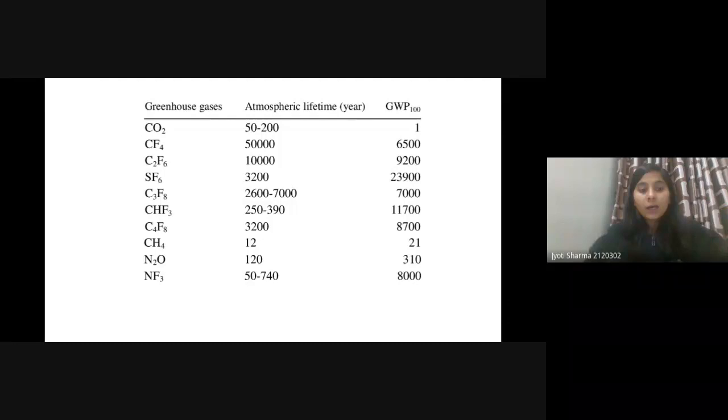I don't know the origin or what the use of this SF6 is, but I know that this is an anthropogenic gas that has been emitted or created by humans only, and it has a very high global warming potential. You can check the source of this SF6. Okay, but SF6 has the highest global warming potential.